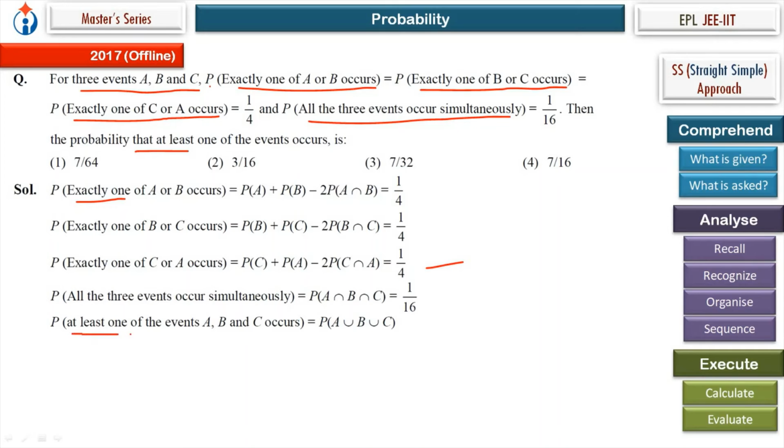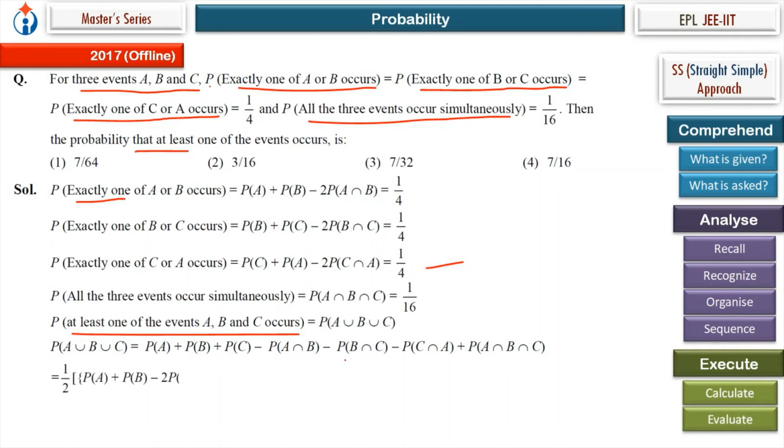Now, what is asked? The probability of at least one of the events A, B and C occurring. So P of A union B union C is asked. This is equal to this. We recall this result. Now, just to use this given data, I just use half of this is equal to P of this. If we just see this, I've taken P of A, P of B, and this.